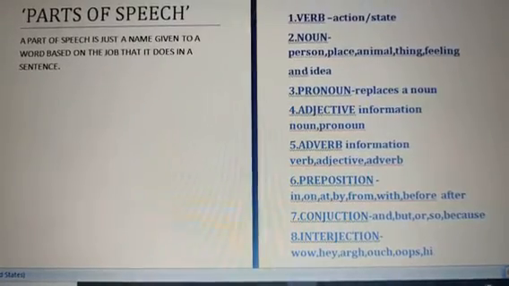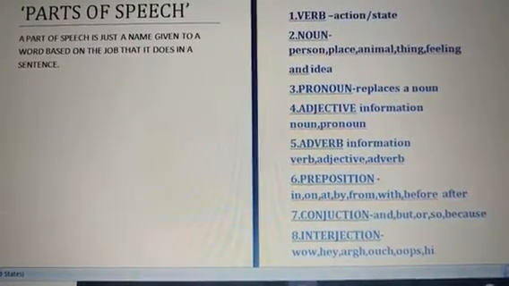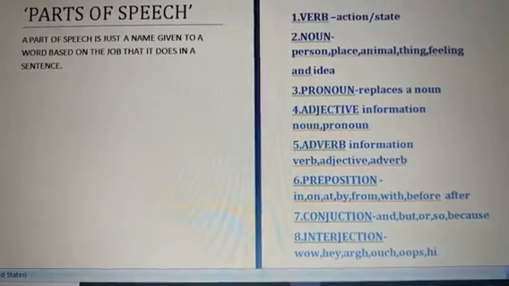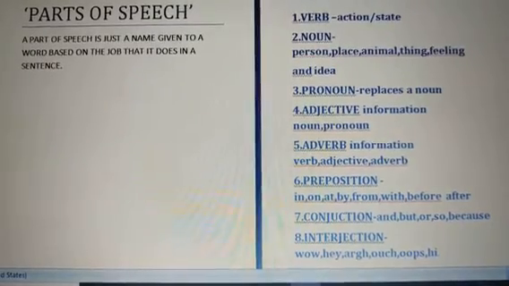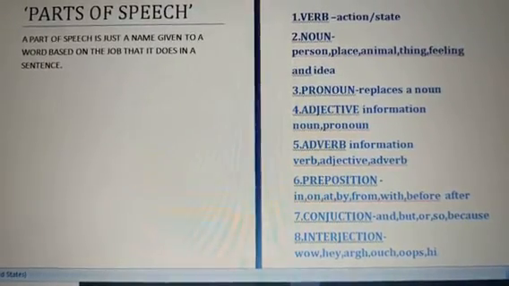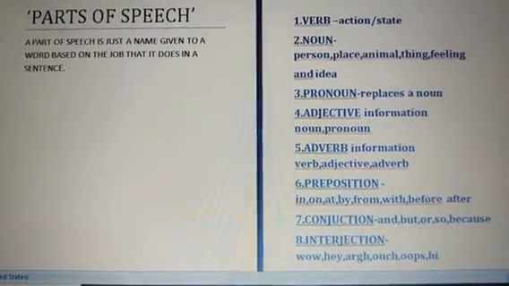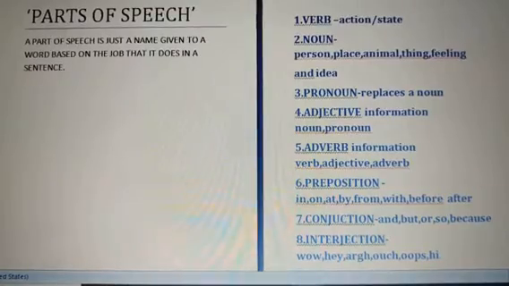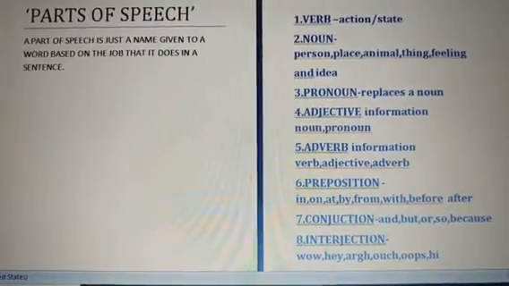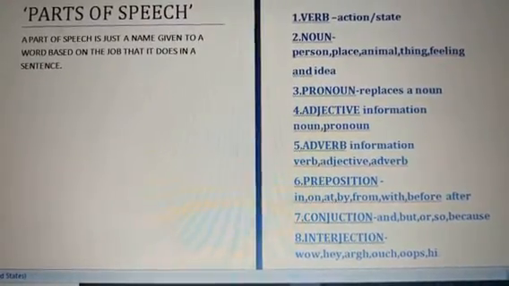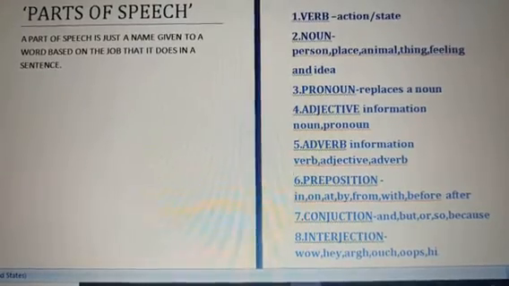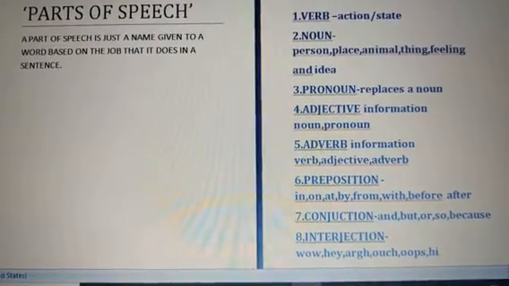So let's start. What is a part of speech? Well, a part of speech is just a name given to a word based on the job that it does in a sentence, as you can see on the visual. Think of parts of speech like job titles, just like a person can be a teacher or doctor or a lawyer.